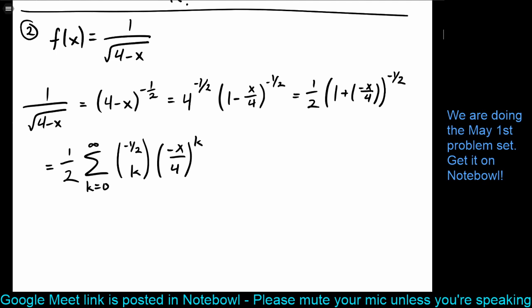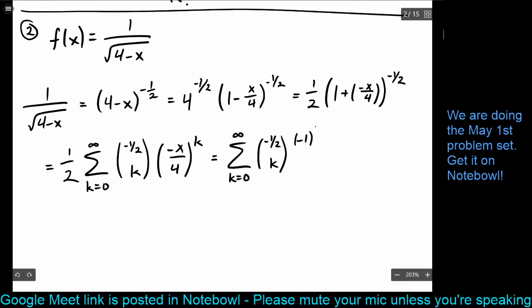So if you want to simplify this to the nicest thing you can, it's going to be something like this. The sum from k equals 0 to infinity of negative 1/2 choose k, negative 1 to the k, x to the k.